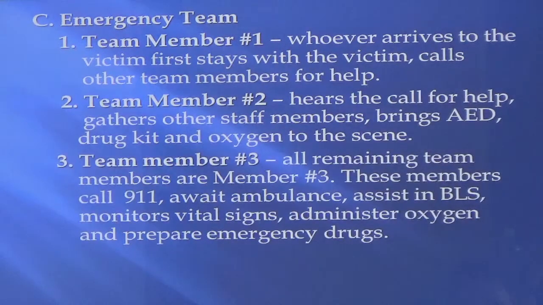Team number 3, if there is one, all remaining team members are team number 3. These members call 911, wait for the ambulance, bring them back, and just be there in order to help out if anybody needs, again, if you're doing compressions, to come in and help, or if somebody will tell you to go get something.